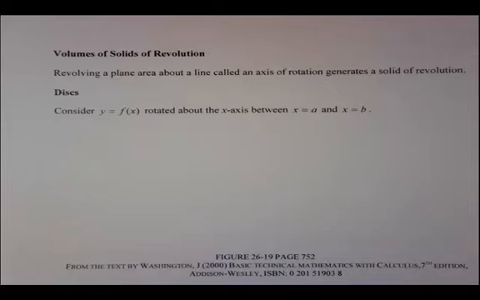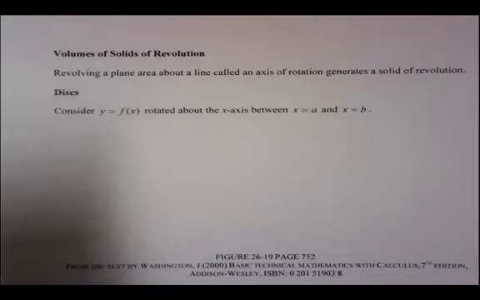Now, there's a picture missing from this, but I'm going to use the picture from the textbook. I thought I'd draw something myself, but then I thought, well, the textbook draws things better than I do.